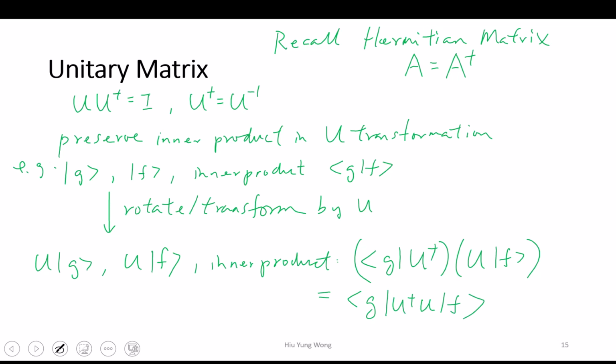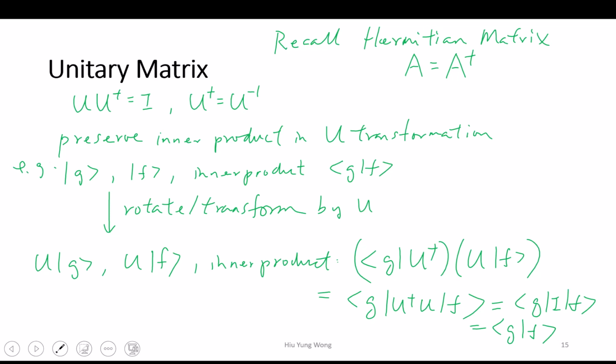What is U dagger U? If this is unitary, this is just equal to I, which means we can ignore it because I does nothing to anything. So it means that after any unitary rotation, the inner products are still the same.